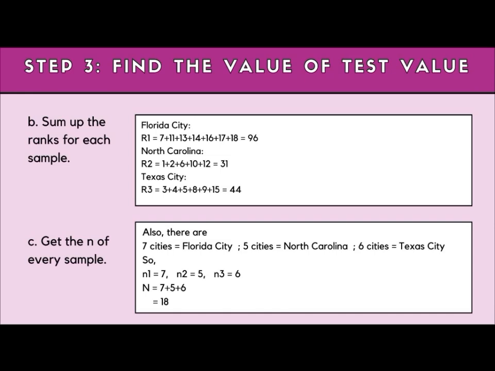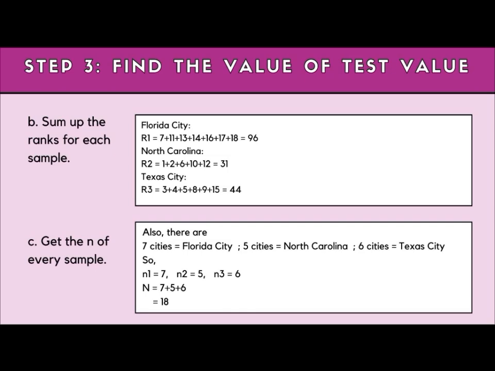So next, we have to get the n of every sample. So count all the cities in each state. For Florida City, there are 7 cities, and for North Carolina, there are 5 cities, and for Texas, there are 6 cities.